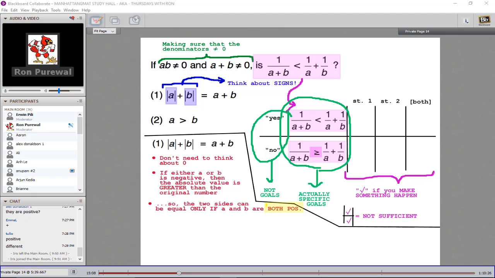If we have two positive numbers, let's think about 1 over A plus B versus 1 over A plus 1 over B. What do we know about this?